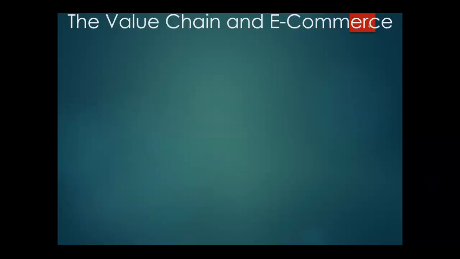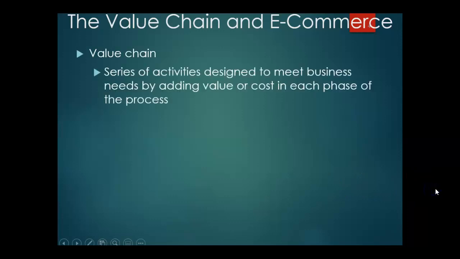look at e-commerce. So we have the value chain. That's all the activities that make up a product. So a wooden chair starts really as what? A tree. And then it gets cut down.